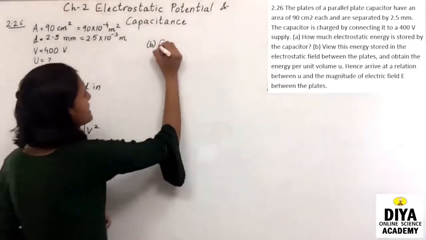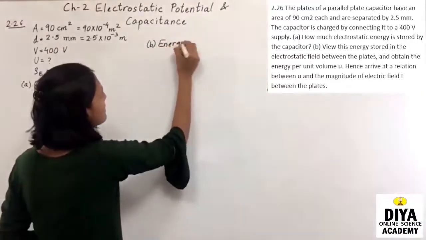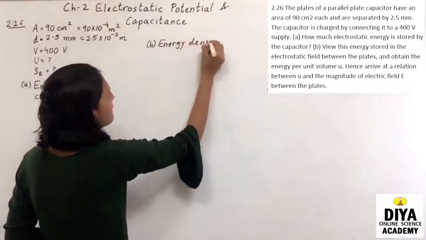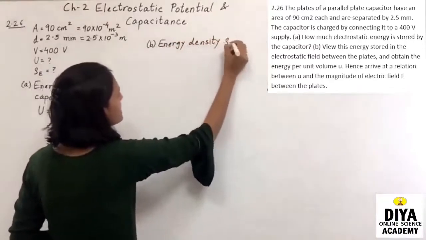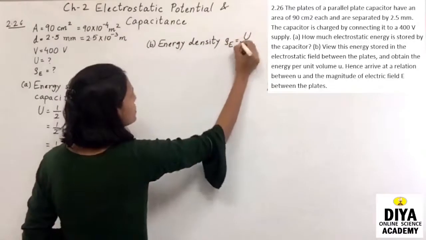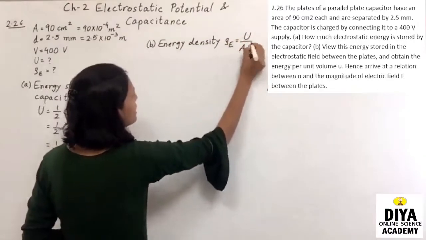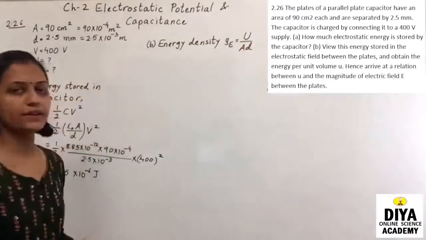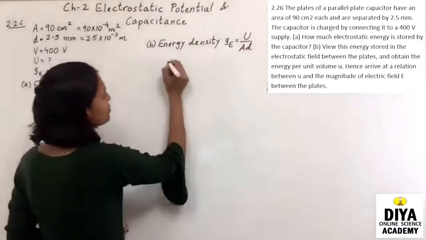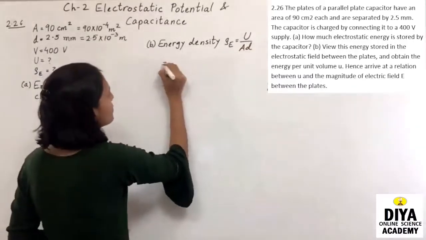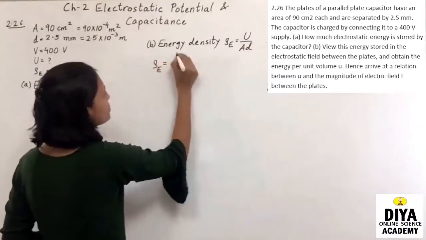So energy density rho E equals to U upon volume. Volume is area into distance between two plates. So rho E equals to U is what?